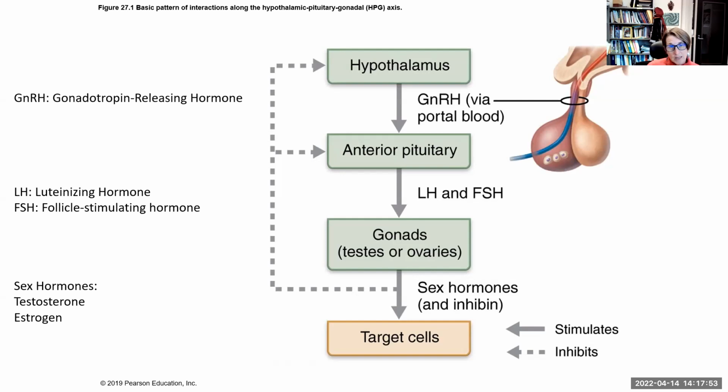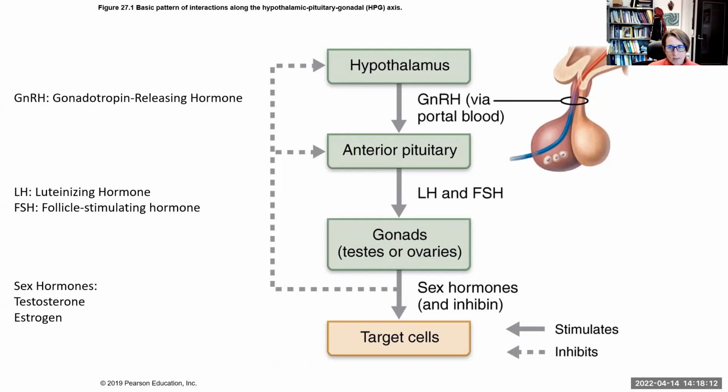there are receptors in the gonads that cause either the testes or ovaries to make more sex hormones, right? To make more testosterone in the testes and more estrogen in the ovaries. It's more complicated than that, but that's what we're sticking with at the moment. It also makes this hormone called inhibin.